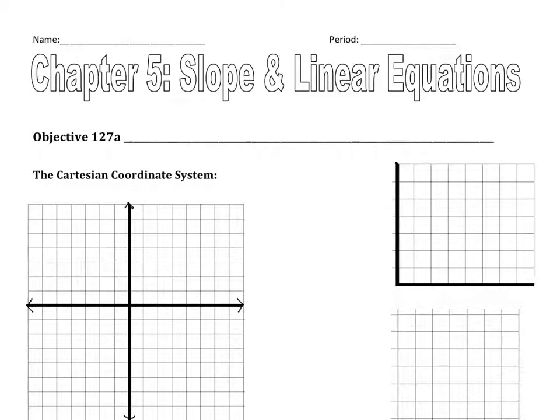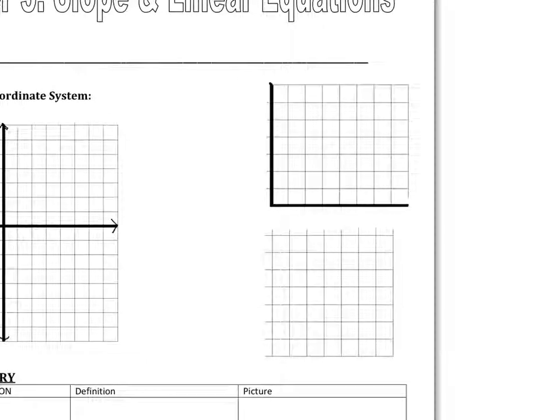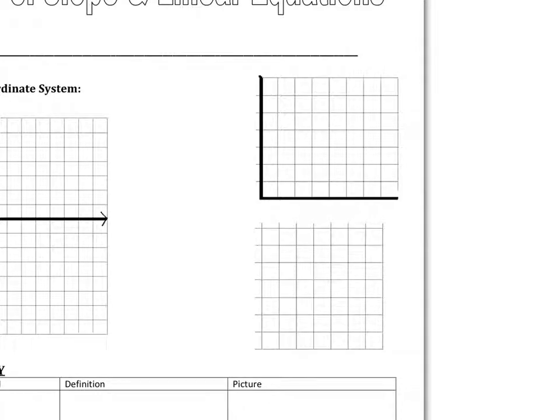Okay, I want to do 2 quick practices with you. And what I want you to do is look at these 2 graphs right here, and we're going to go ahead and label some different parts of the graph. So, I want you on this first one to label the following. I want you to label the x and the y. Label the origin. I want you to number the graph.